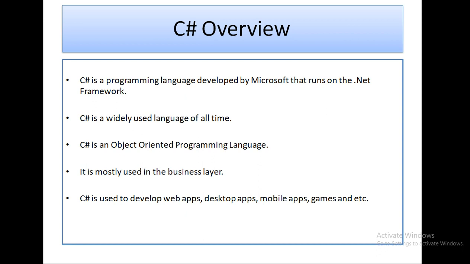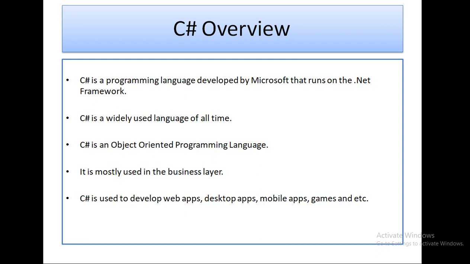And then the last point is C sharp is used to develop web apps, desktop apps, mobile apps, games, and other things also. So by this point you can understand clearly that if you learn C sharp, then you can develop any type of application on different environments.